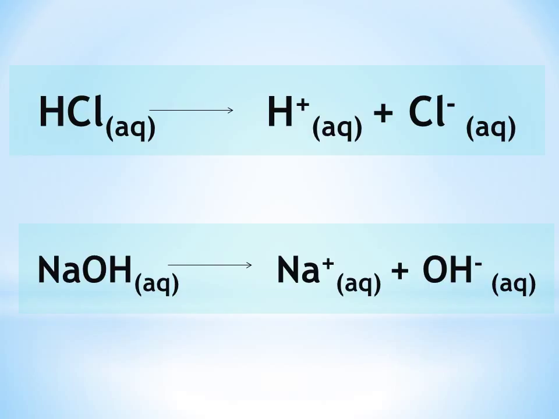So in this case, NaOH is a base because it forms OH minus ions, whereas HCl is an acid because it forms the H plus ions. And note, both of these take place in solution, and that's why we have that aq sign at the bottom of each of these compounds, to denote that they are in aqueous solutions.